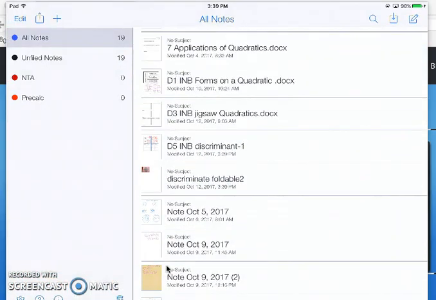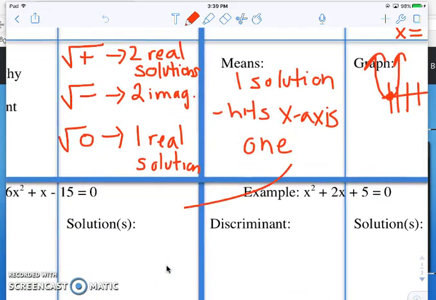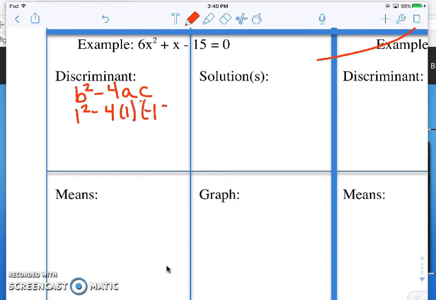So the next one we're going to take a look at, let's look at this bottom one here. 6x squared plus x minus 15. So we have b squared minus 4ac. So 1 squared minus 4 times 1 times negative 15.